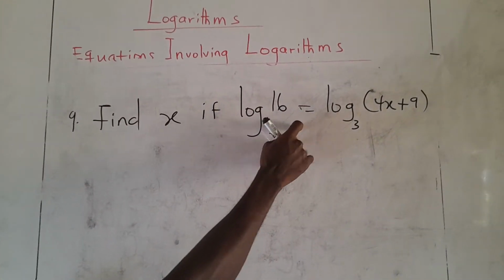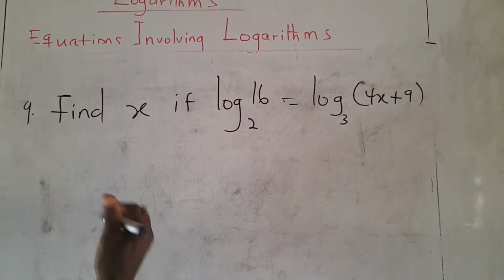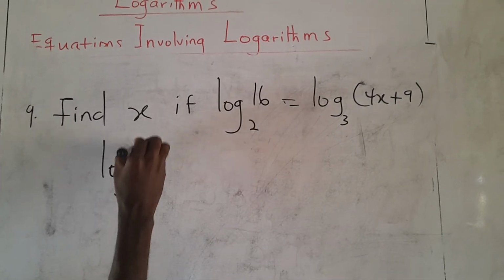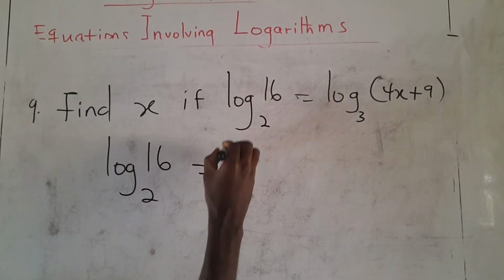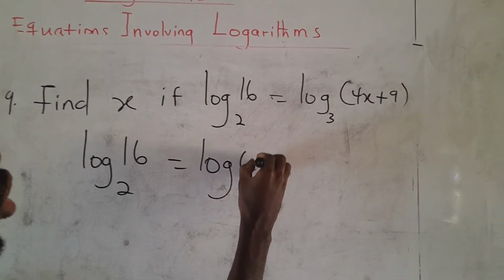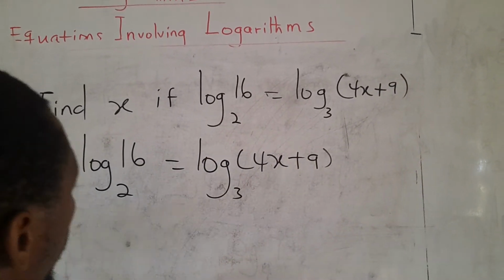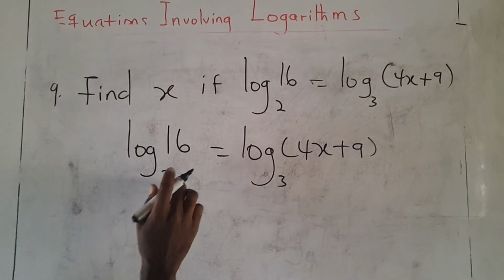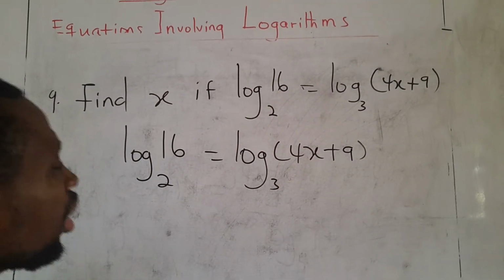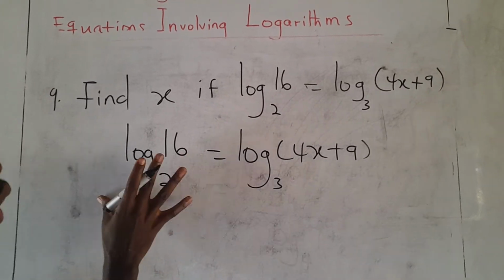So let's solve this. It involves a change of base. You say if log 16 base 2 is equal to log 4x plus 9 base 3, we should find x. So we change the base. We can introduce a log to any base for one of the sides.